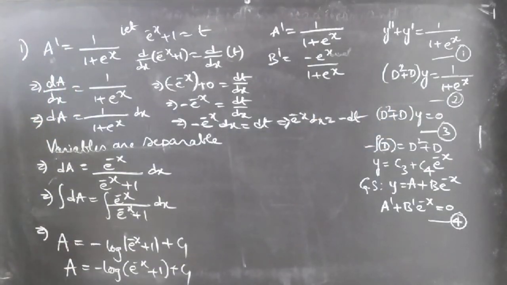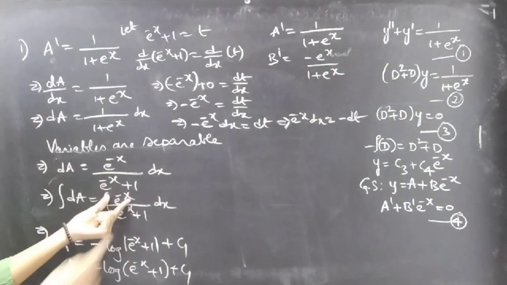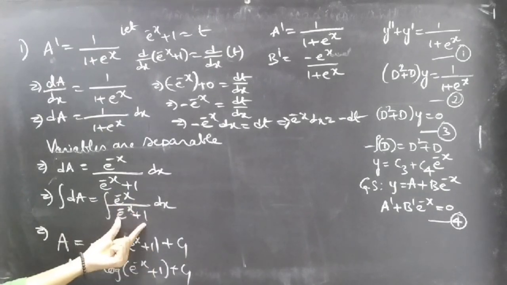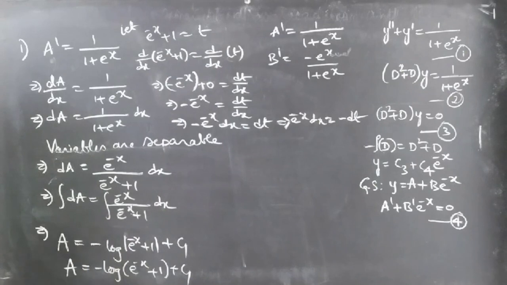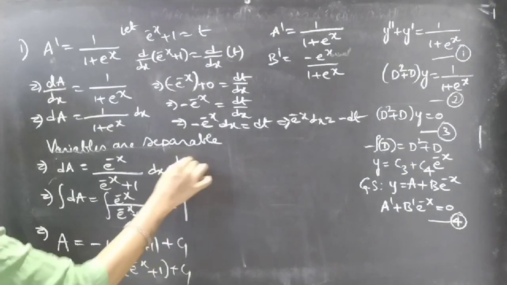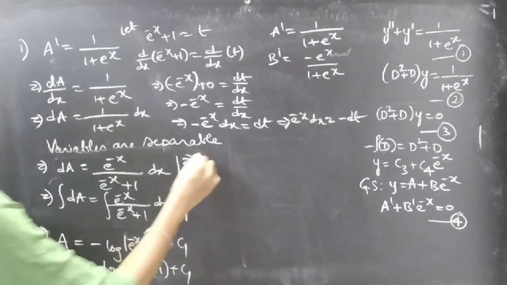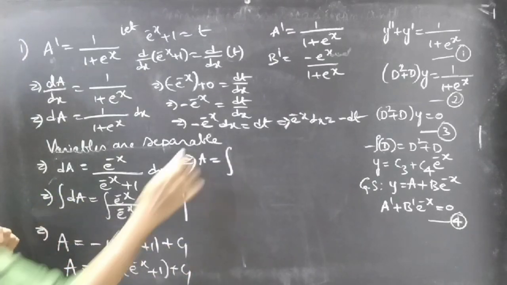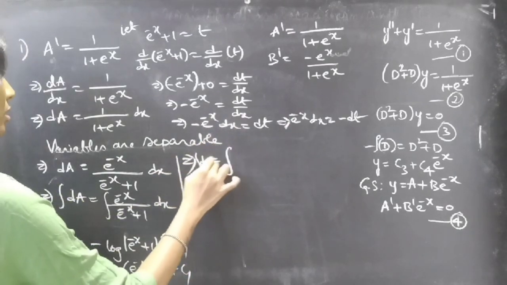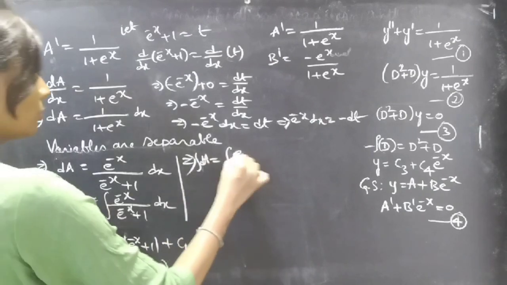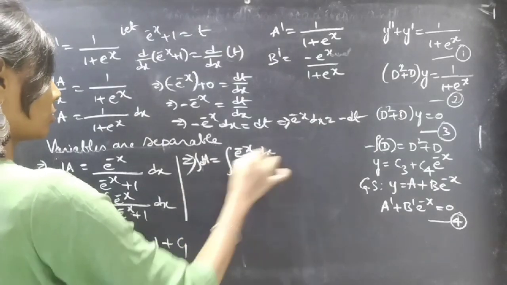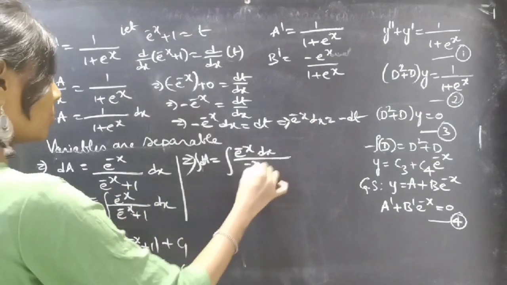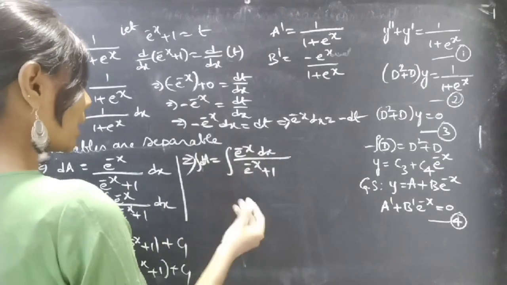Now just replace e power minus x dx with minus dt and e power minus x plus 1 with t, which gives us integral dA equals integral, I'm going to write the integrand as e power minus x dx by e power minus x plus 1 for my convenience.